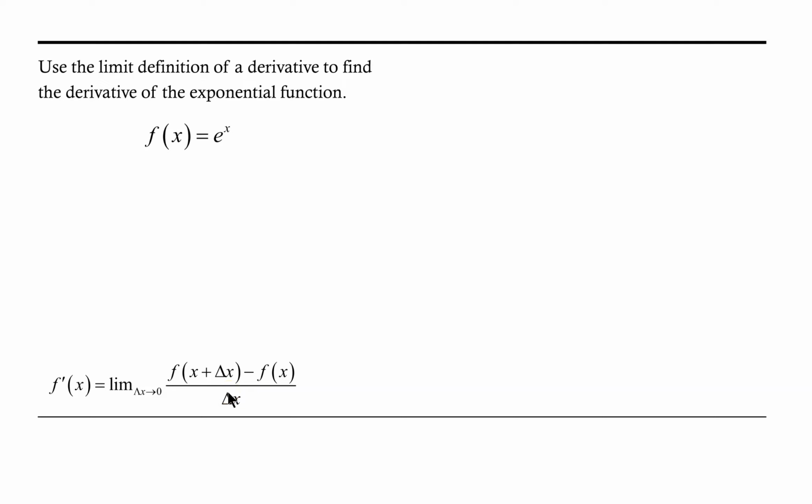So we want to find the derivative of our function e to the x. So our derivative is the limit as delta x goes to 0 of f of x plus delta x minus f of x all over delta x. Now, referencing the function we've been given, we'll have the limit as delta x goes to 0.